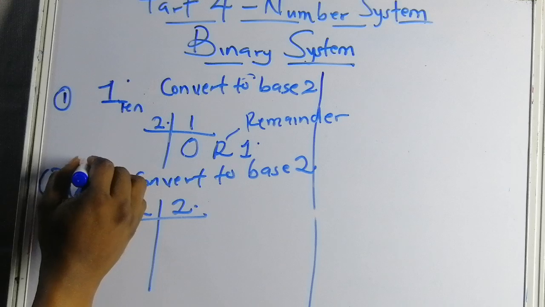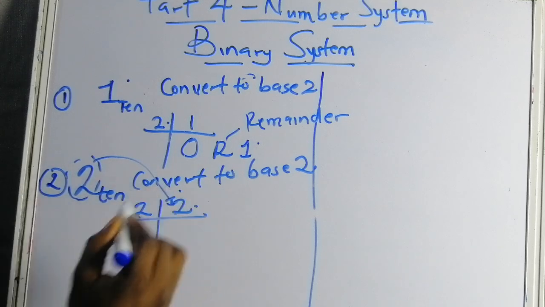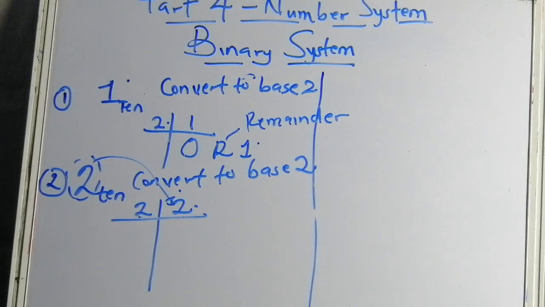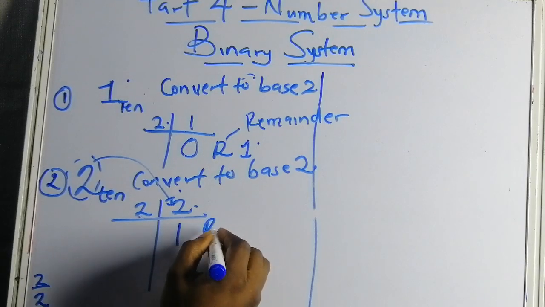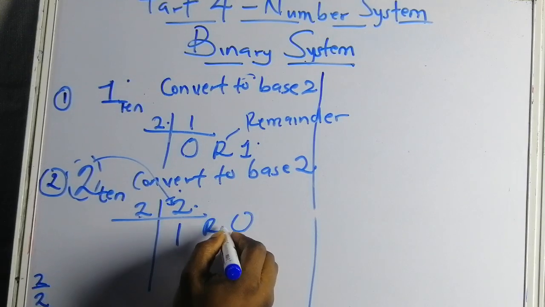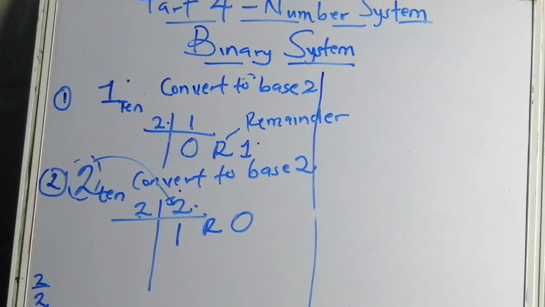What do you ask yourself? 2 in 2, 2 can go. When I say 2 in 2, it means 2 divided by 2, which is 1. Is it remaining anything? No, remainder 0.